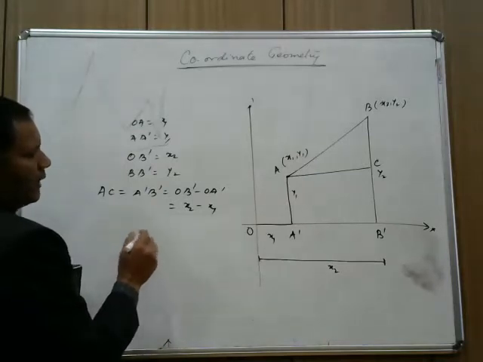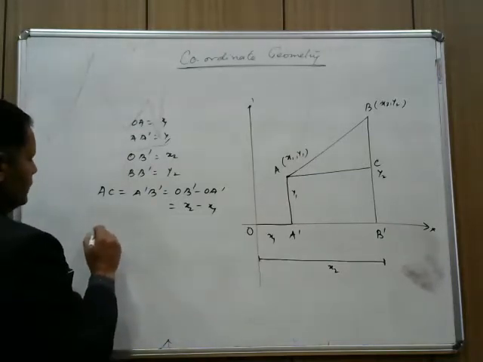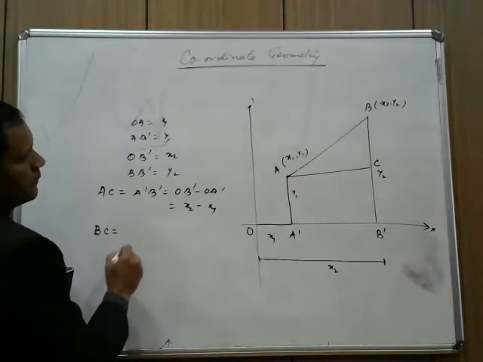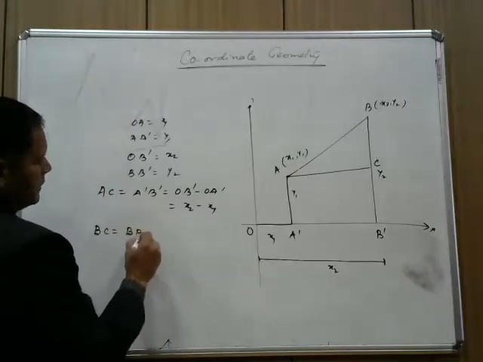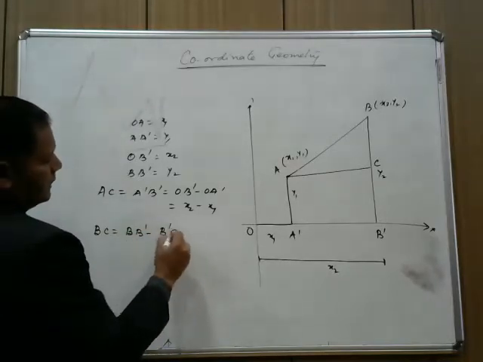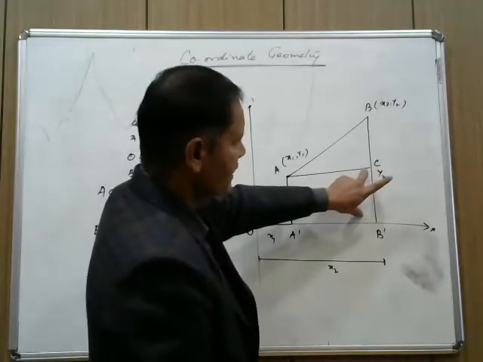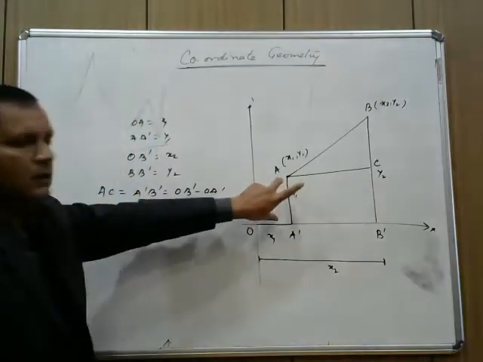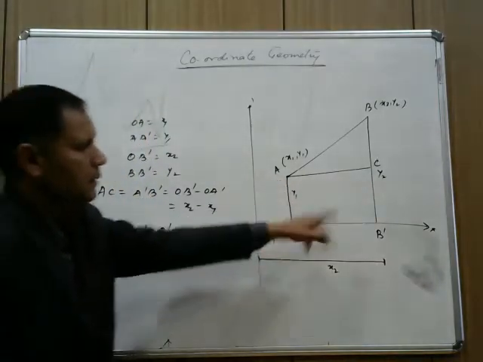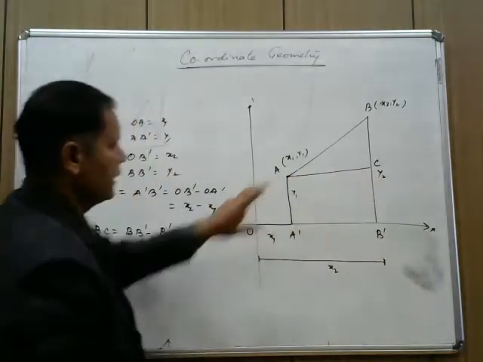Similarly, we will find the length of BC. So now tell me, to find the length of BC, can I write BC is equal to BB dash minus B dash C? BB dash whole minus B dash C, and B dash C is equal to what? B dash C is equal to AA dash.